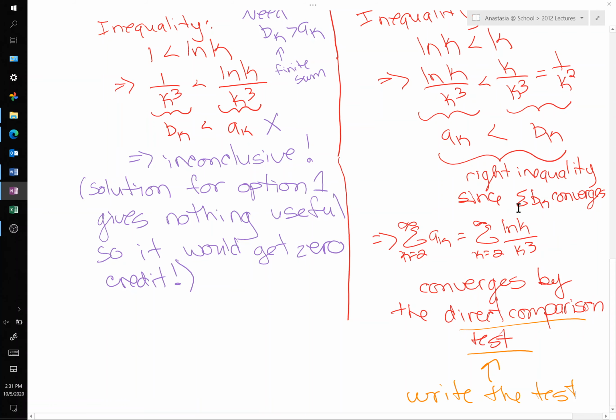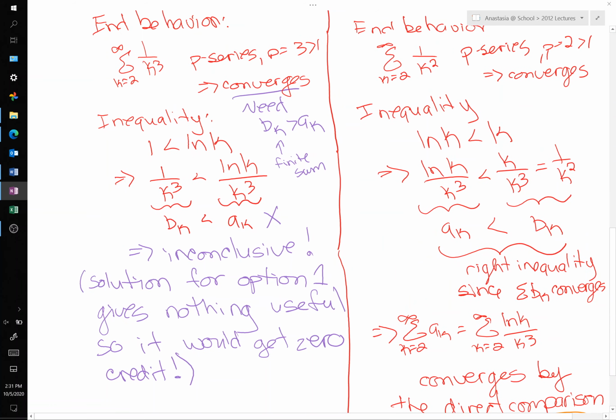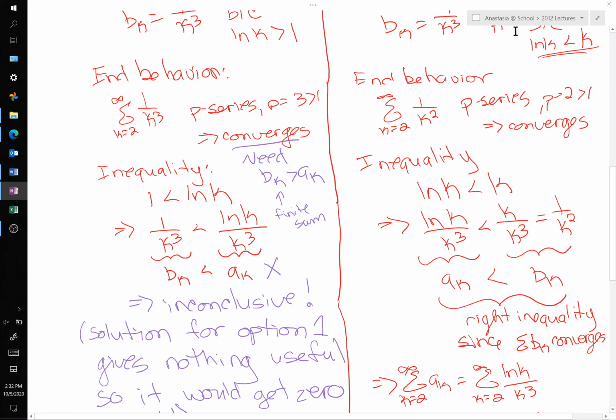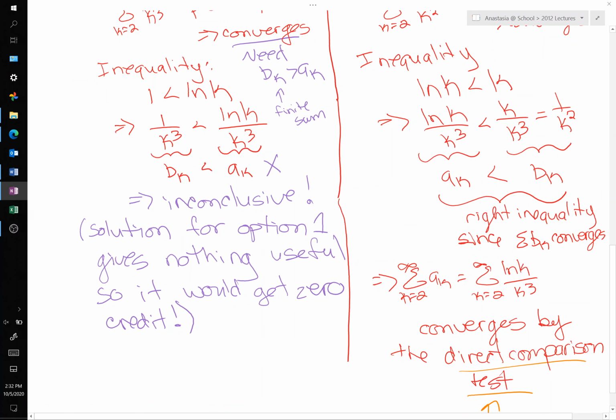So you need to apply the test to the series. So that means if we're applying direct comparison, find a comparison test, find the end behavior, find the inequality, make a conclusion. But you also need to say what test you are applying, unless the problem specifically says which test to apply.